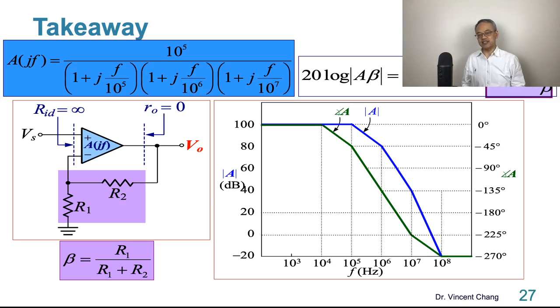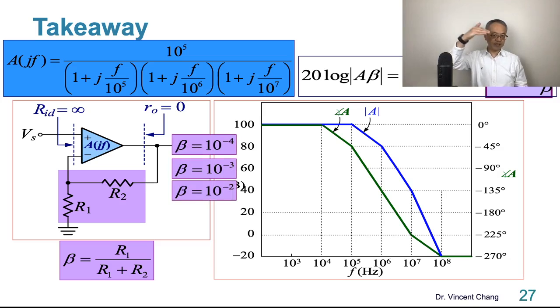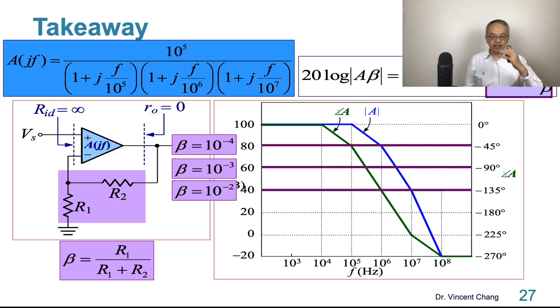In the cases I just mentioned, there are 3 betas, corresponding to 40, 60, and 80 decibel horizontal lines. And just look at the intersecting point, which tells you the FTL, the unity gain frequency for loop gain.